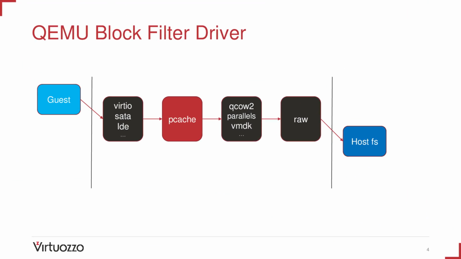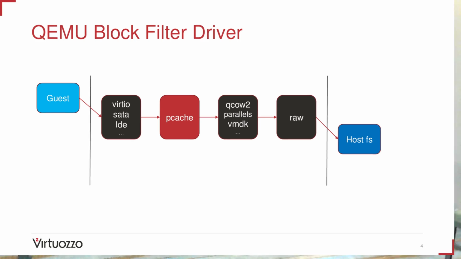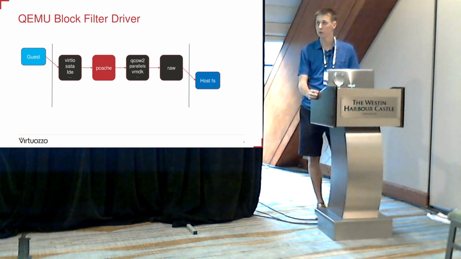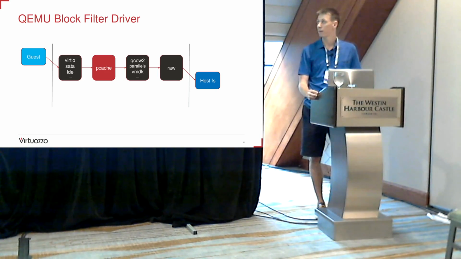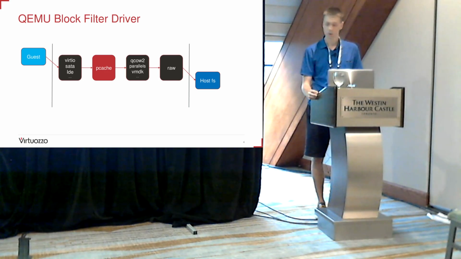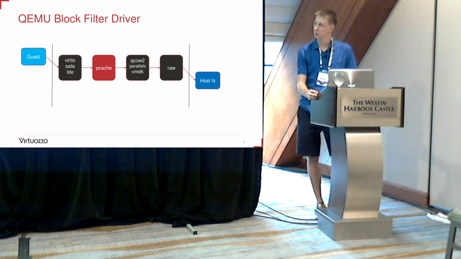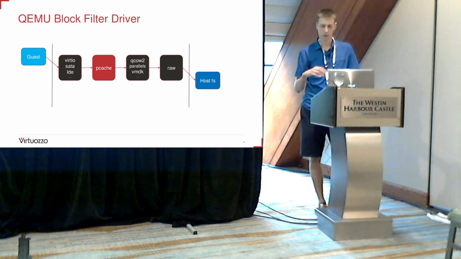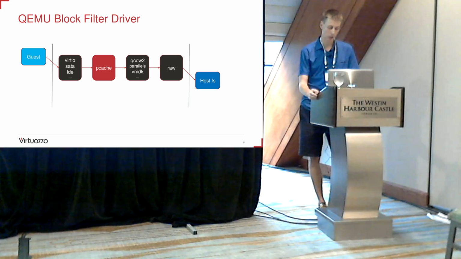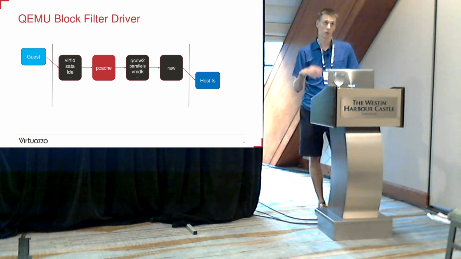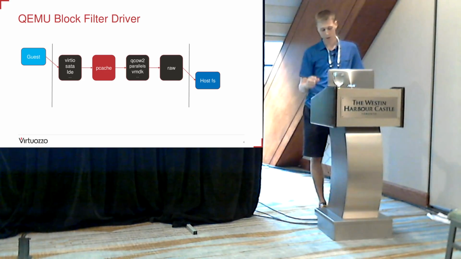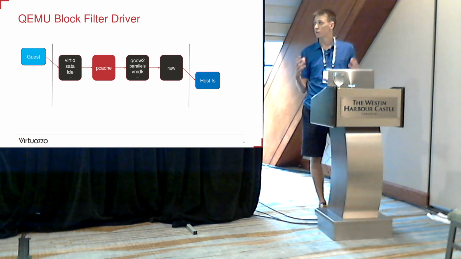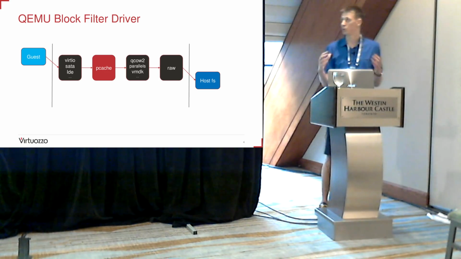QEMU has a multi-layer block subsystem that allows embedding code between block layers, and thus block driver filters are implemented. Implementing the cache in the form of a driver filter will resolve the mentioned problem, because we will get an isolated piece of code which can be enabled and disabled without any changes in other components of QEMU.